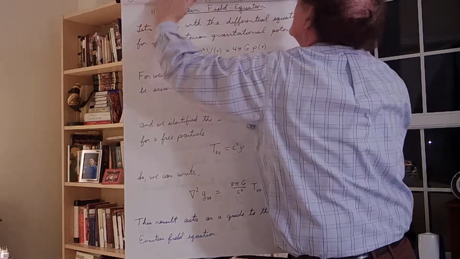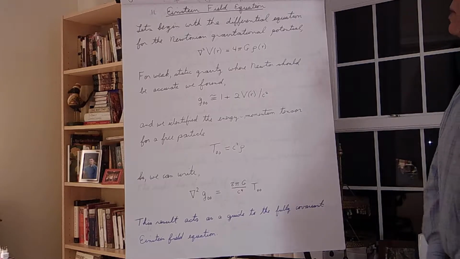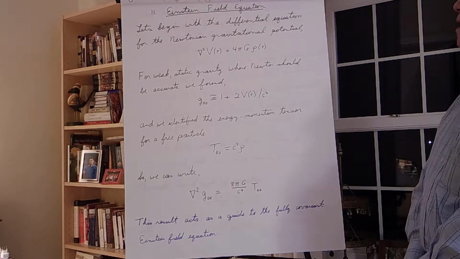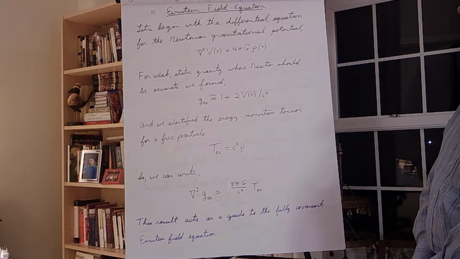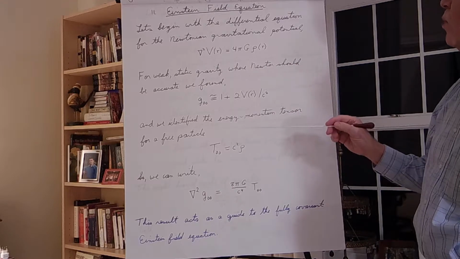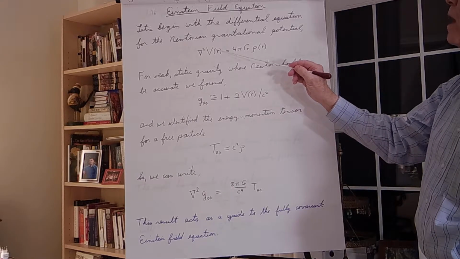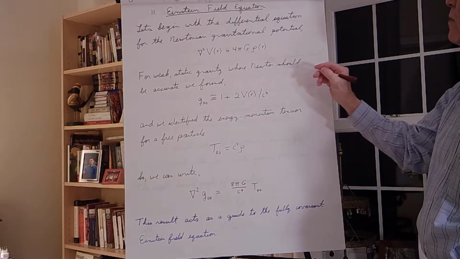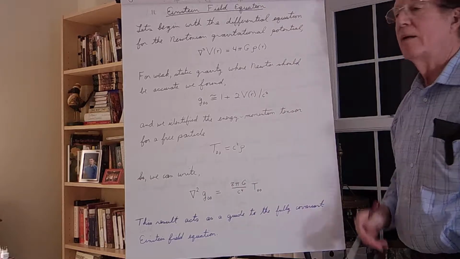Okay, so now, once we have the machinery done, we can ask ourselves: what's the differential equation that replaces the Poisson equation for the Newtonian potential? In Newton's world, del squared of the gravitational potential is just 4 pi Newton's constant times the mass density.